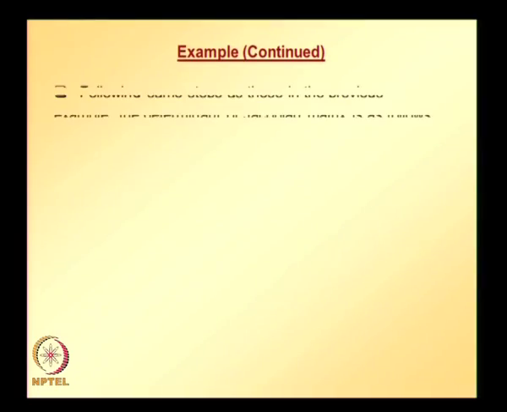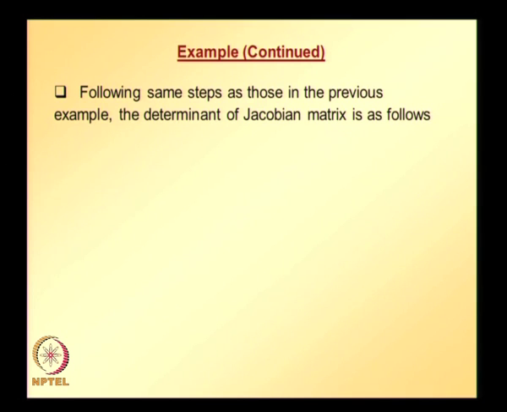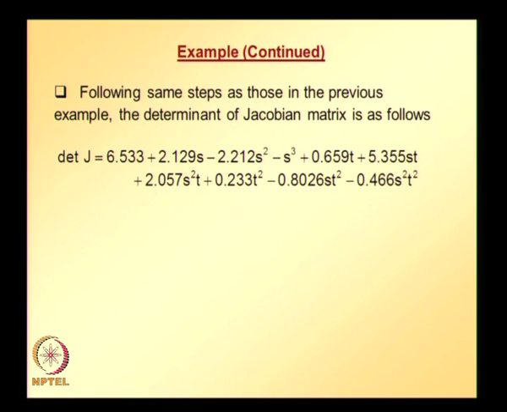With this change we can repeat the entire process following the same steps as those in the previous example. The Jacobian matrix, and its determinant of J, is given by this one.